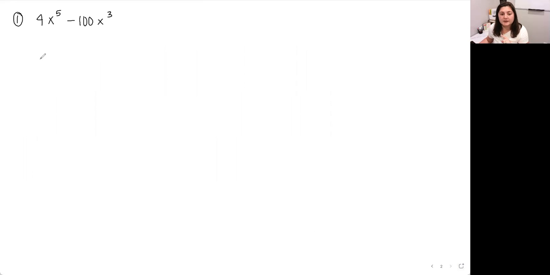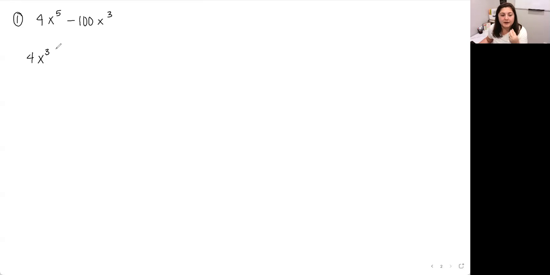So the first thing that we're always going to do is factor out the greatest common factor. In this particular case, between 4 and 100, 4 is my greatest common factor. And with x to the 5th and x to the 3rd, x to the 3rd is my greatest common factor. Actually, the variable with the lowest exponent is always going to be the greatest common factor.